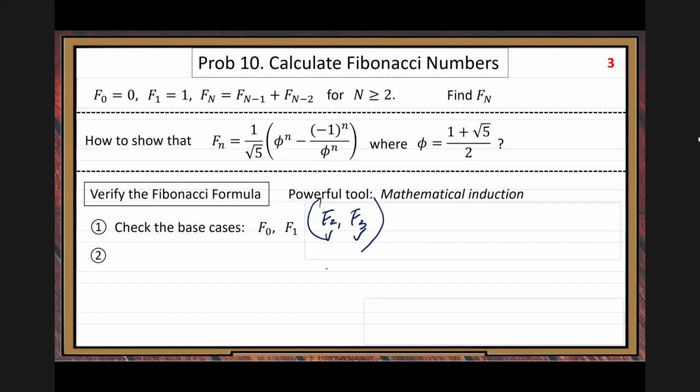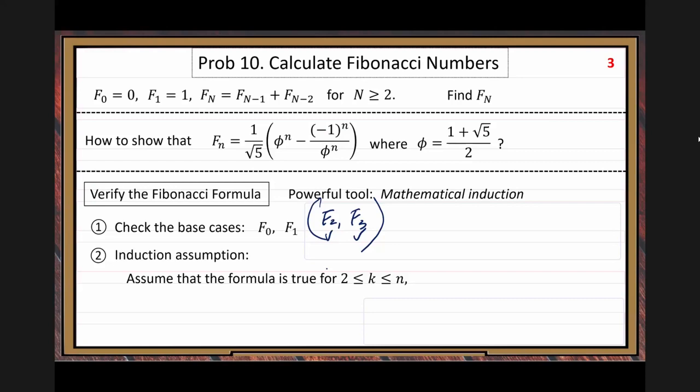Mathematical assumption. Assume that the formula is true for 2 less than or equal to k less than or equal to m. We assume that. Next time I will explain why it makes sense.